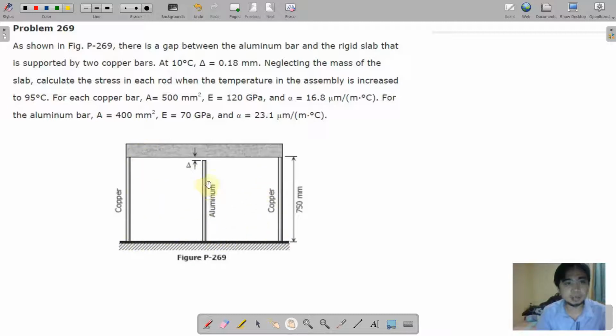We are tasked to determine the stresses after a change in temperature from 10 degrees Celsius to 95 degrees Celsius.